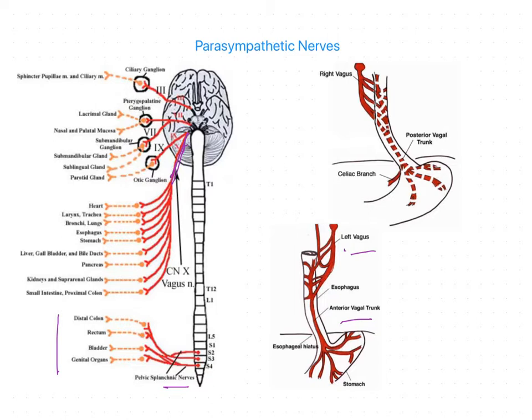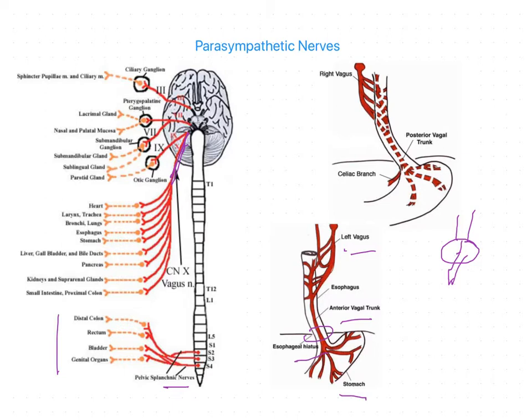So this left vagus passes through the esophageal opening, that is the esophageal hiatus of the diaphragm, and it comes to the anterior aspect of the stomach and supplies the anterior surface of the stomach. Here you can see the hiatus, so it is entering along with the esophagus on the anterior aspect and supplying the anterior surface of the stomach.